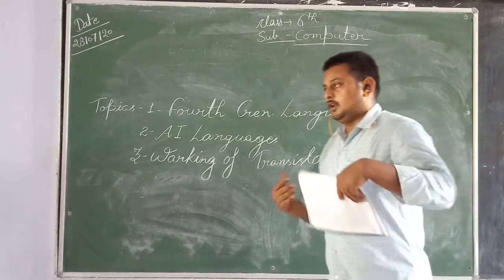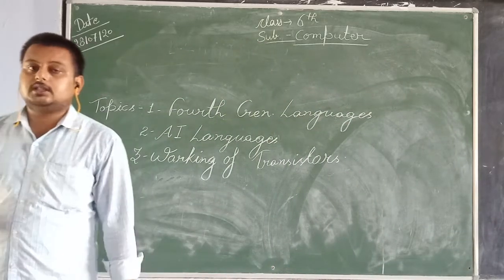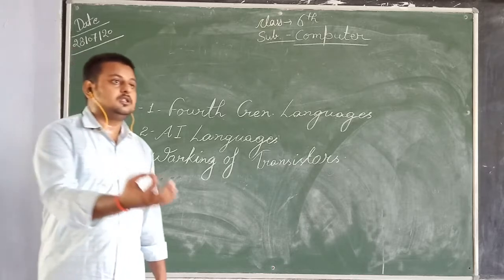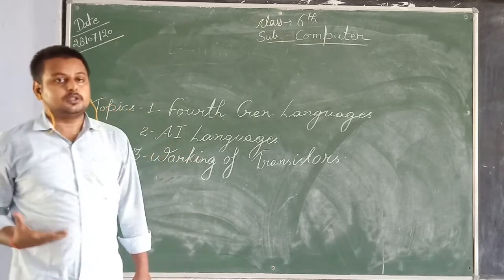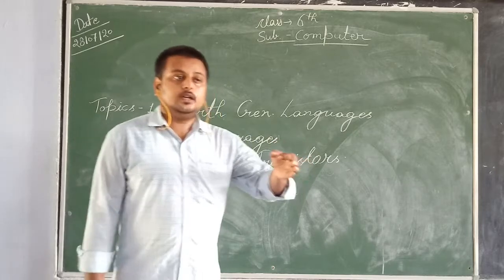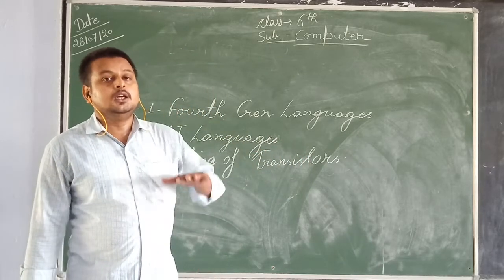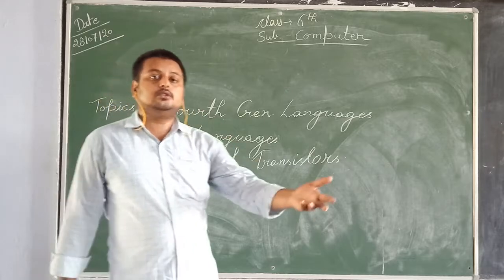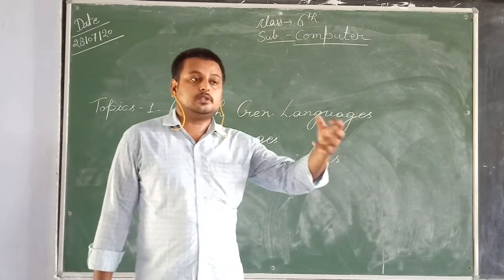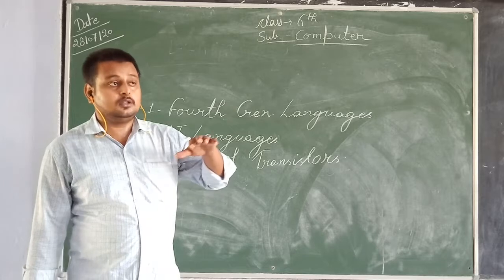Whatever instruction is given by a user is understood by the computer if there is a translator between the user and the computer system. If the translator is pre-installed in a computer system, then you can give instructions, and the computer system receives them and shows the result as per your instructions.